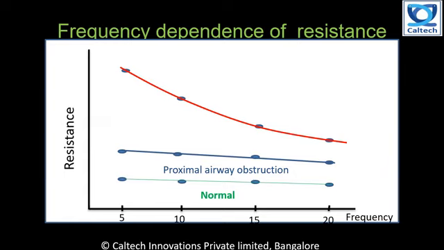However, the increase in R20 resistance is not in proportion with R5. This happens in distal airway obstruction. R5 is increased much more as compared to R20.